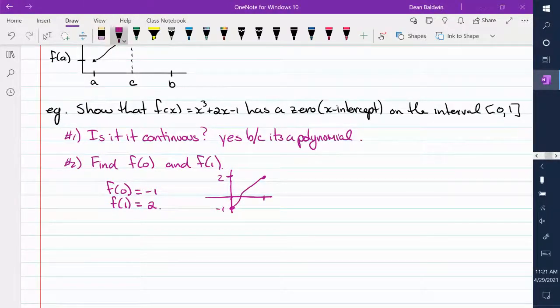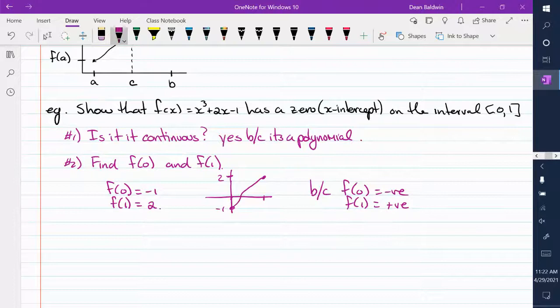Okay? So, because f of 0 is negative and f of 1, I actually don't care what the numbers are. All you care about is one positive and one negative. f of 1 is positive, so this means negative and positive.